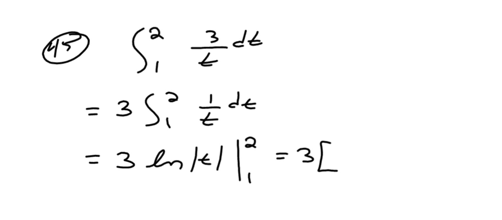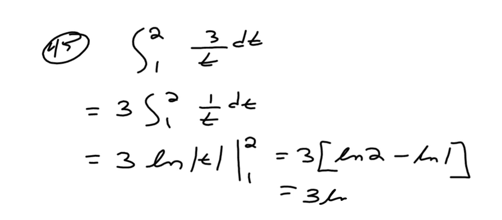So I'm going to plug in ln of 2 for the upper bound and minus the ln of the lower bound. Simplifying, I get 3 ln of 2, and remember ln of 1 is 0, so this is then my answer.